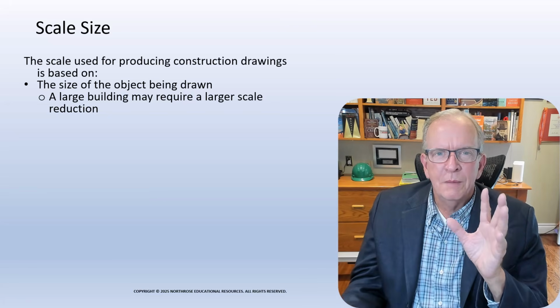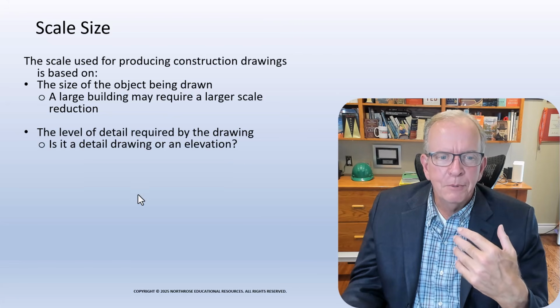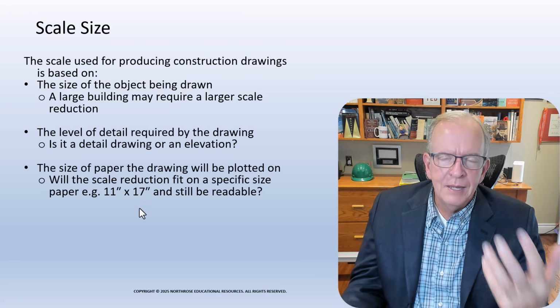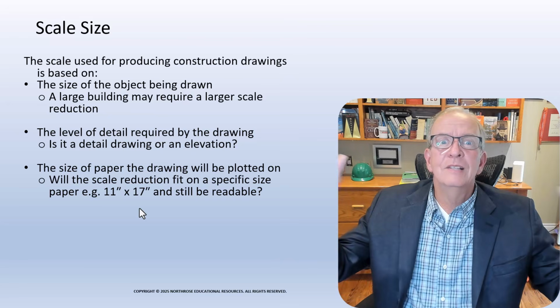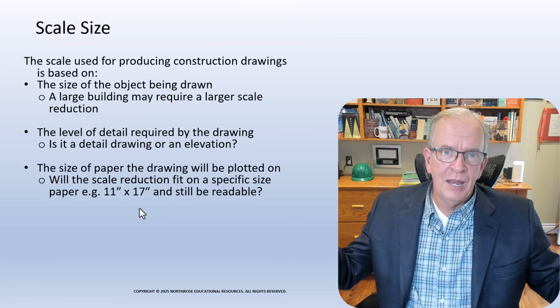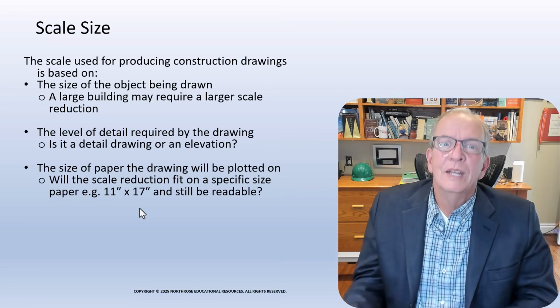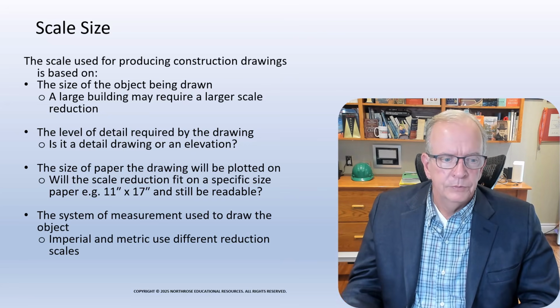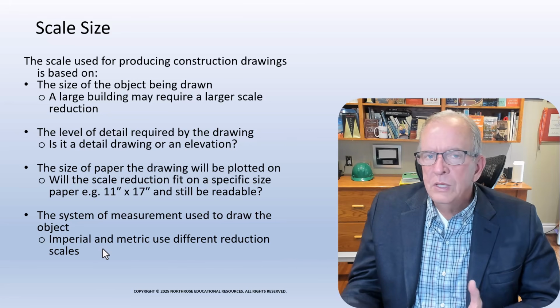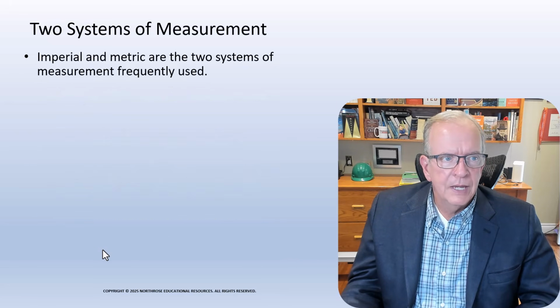So what size paper we're going to use is kind of dependent on the size of the building that we're doing. And when we scale it down, it's important not to scale it so small we can't understand it, right? And so it'll either be metric or imperial, like I said earlier.